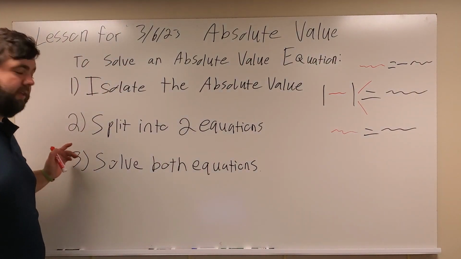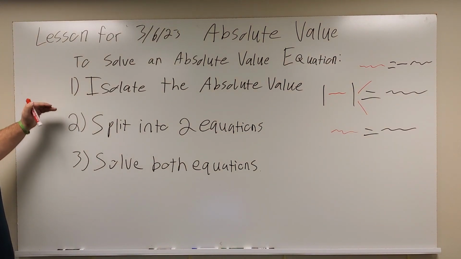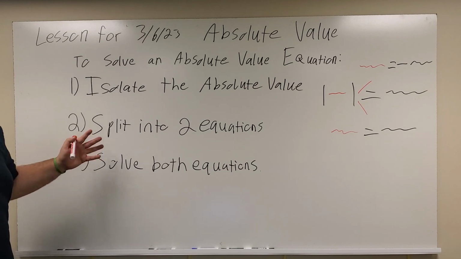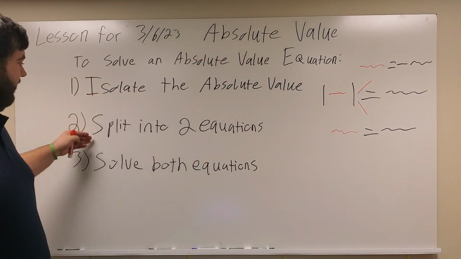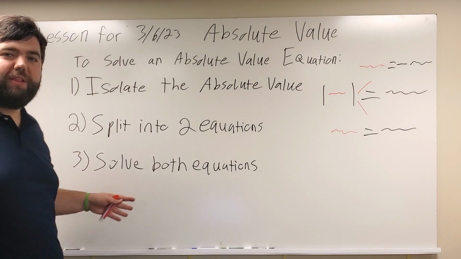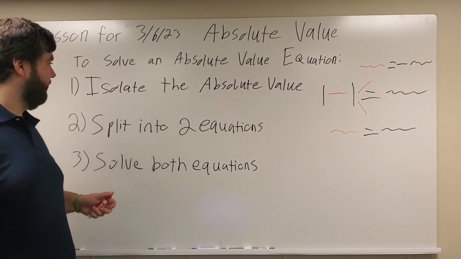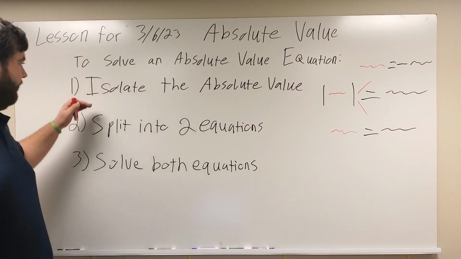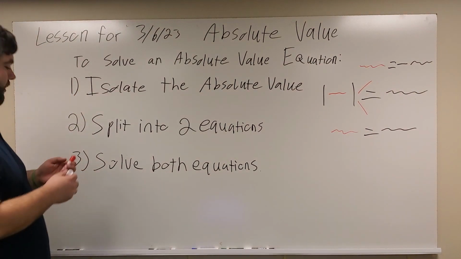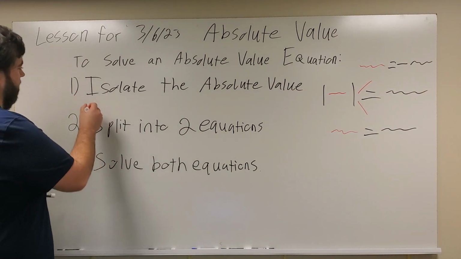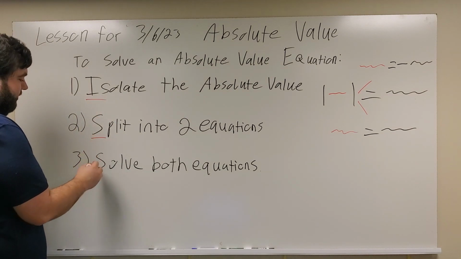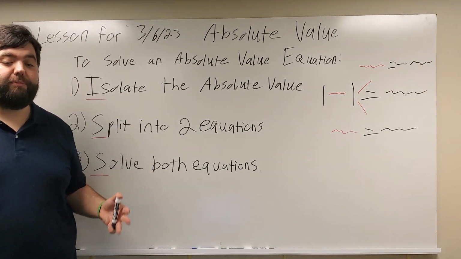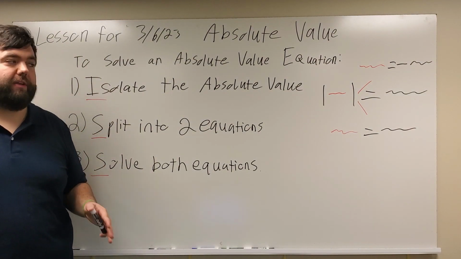The way to remember this: ISS, International Space Station, if you want to think of it that way, but maybe even a little more relatable to some of you, in-school suspension. If you can remember ISS, you can remember isolate, split, solve. Those are the 3 steps on how to solve an absolute value equation.